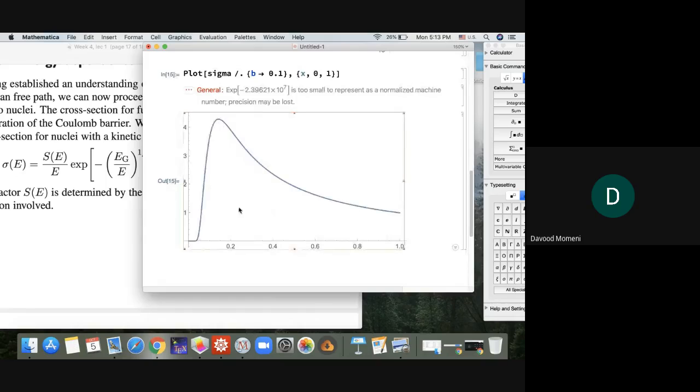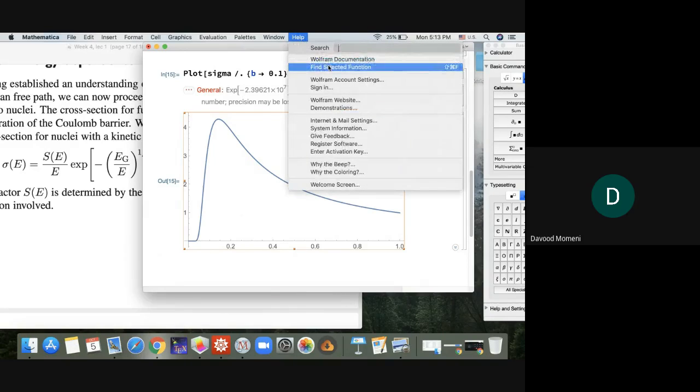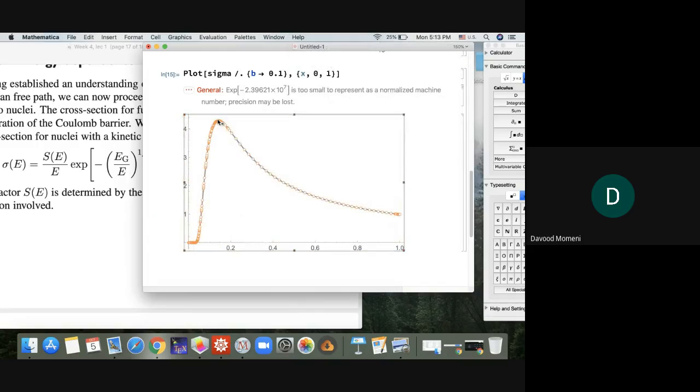Does anybody know how to find the maximum here? How can we define the maximum? You can get the coordinates of this.